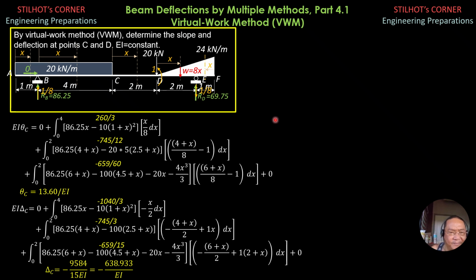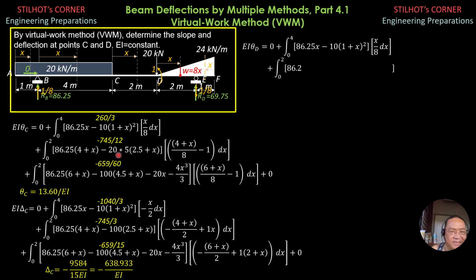So EI theta D is equal to, so same integral here, 0. So same value, times x over 8 dx. The second integral will change. There's no more minus 1.